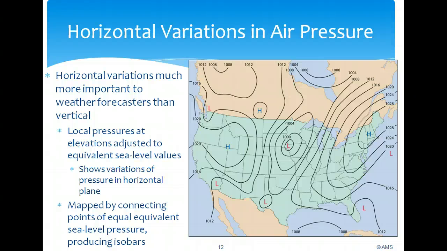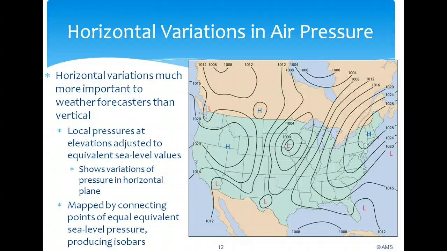They adjust the local air pressure readings to approximately what the air pressure would be if the station were located at sea level. With this reduction to sea level, when carried out everywhere, air pressure is observed to vary from one place to another and to fluctuate from day to day and even from hour to hour.